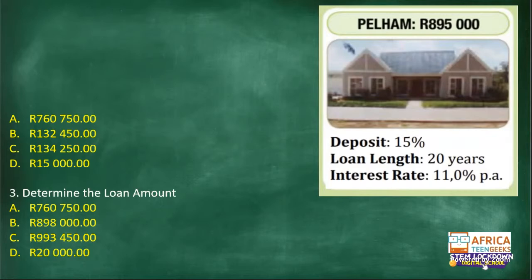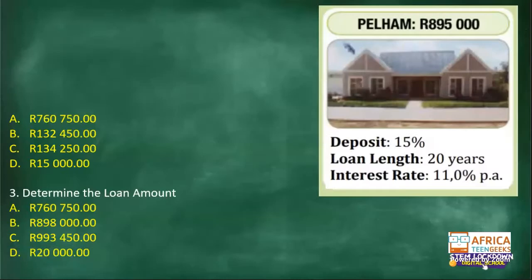So that's the correct value of the loan amount. The loan amount now will be 760,750. Right.